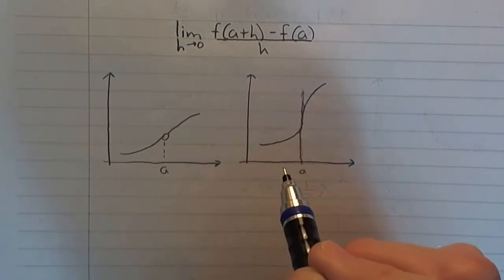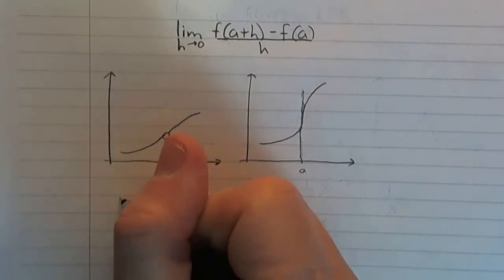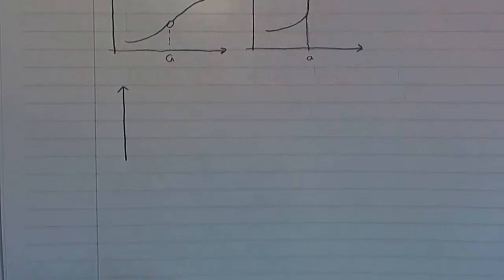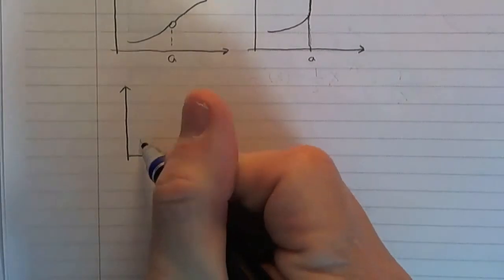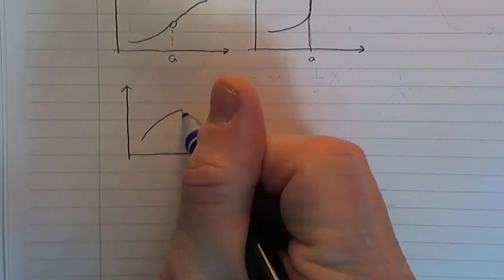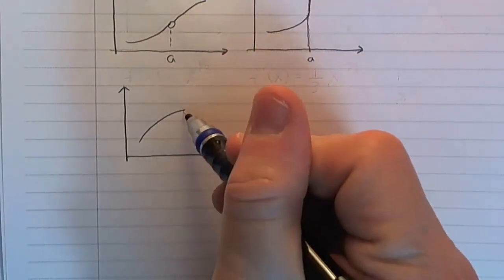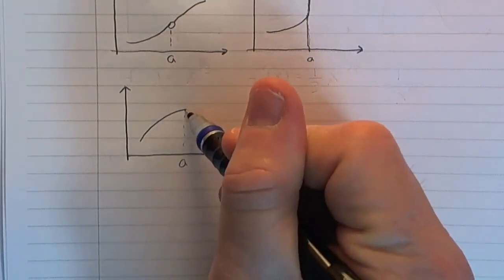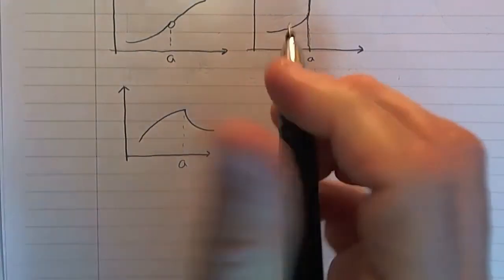It's just not. Now, let's look at another situation. Let's suppose that we have this nice curve coming up like this. And, of course, here is a. And then we have it coming down like this, and the curve continuing like this.